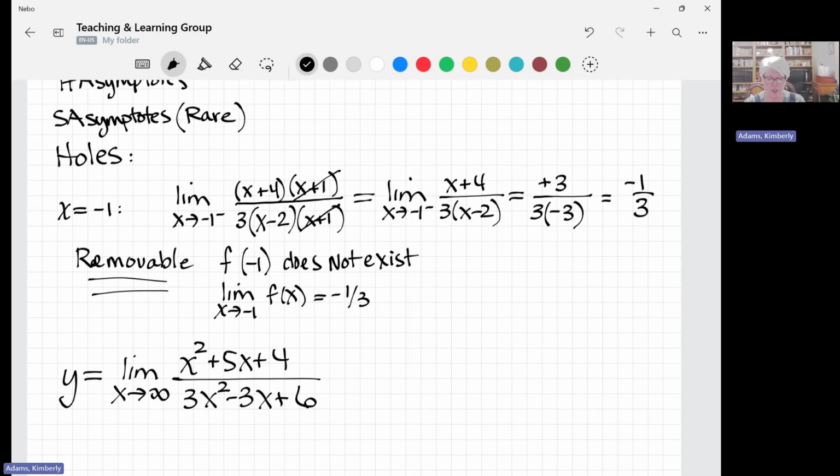What I'm seeing here is that in the numerator, x squared is going to get infinitely large, and in the denominator, x squared is going to get infinitely large. I cannot and should not ever plug in infinity. What I want to do is divide by the highest powered term in the denominator. This one. I want to divide every term by that term. So that's going to look like this.